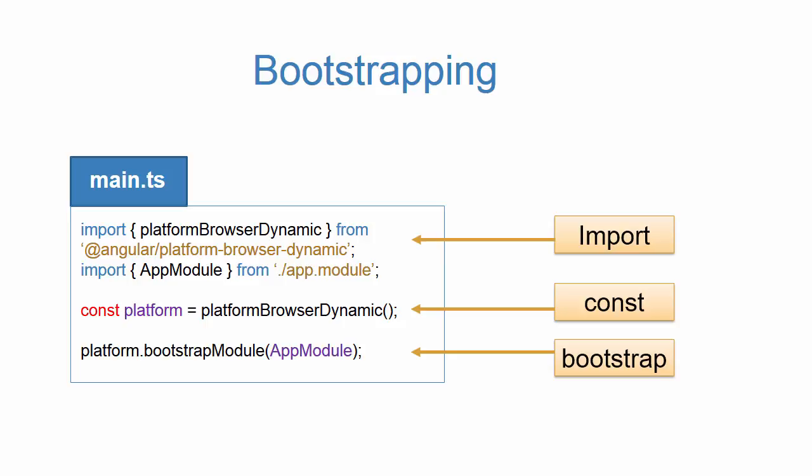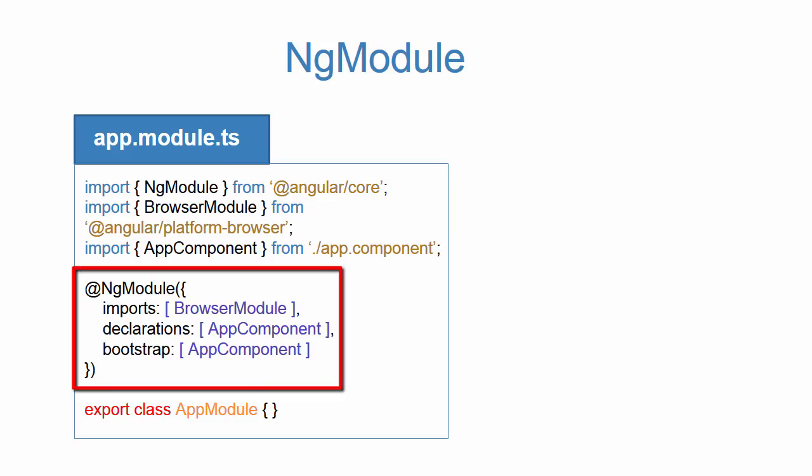So the bootstrap module is a method inside of the platform browser dynamic that we can access using dot notation. This method accepts a parameter for the module we're using, which passes in all of our application's metadata. Remember, our NgModule class contains all of our initial application metadata, which is expressed here inside of our NgModule decorator.